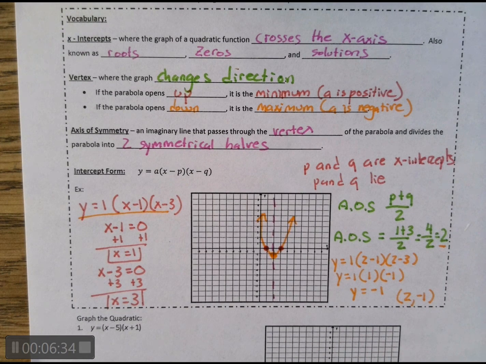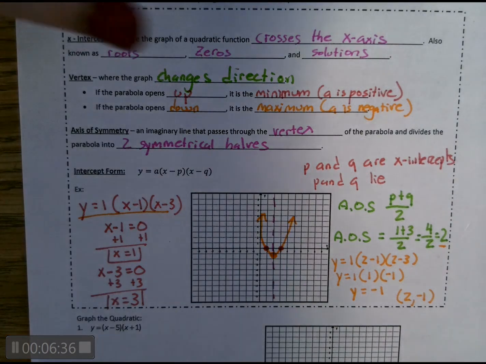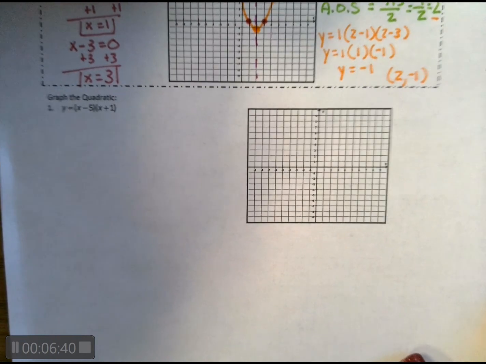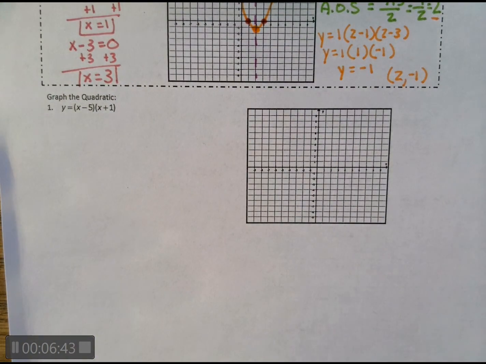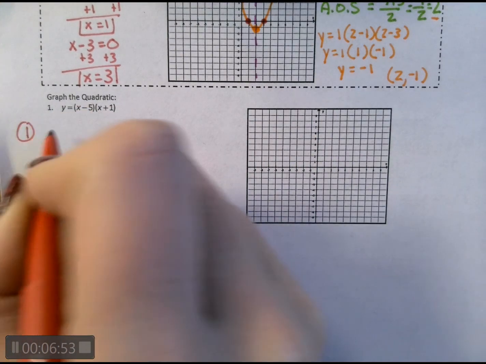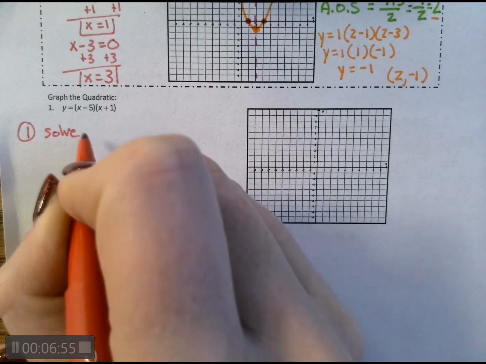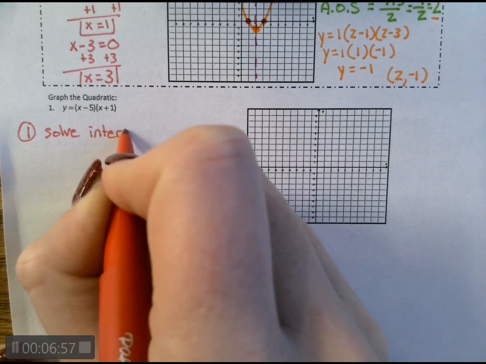Okay, so let's do our first example. Alright, so we have the quadratic y equals x minus 5 times x plus 1. Alright, well, let's first solve intercepts.